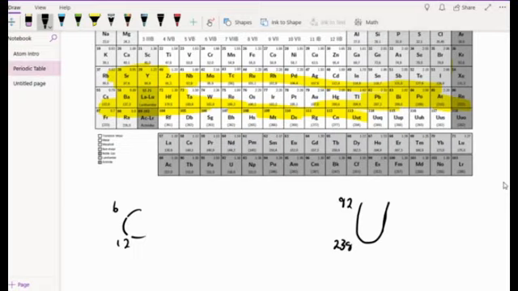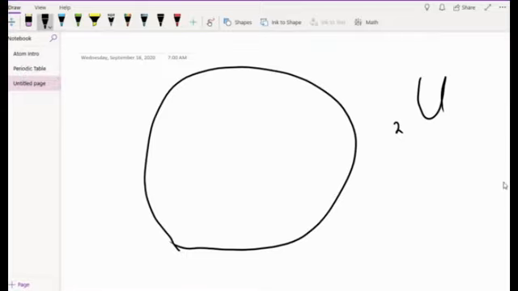238 and 93. That means there are 93 protons, while there are 238 minus 93 neutrons, which is equal to 139. Is it 139? No, it's not. Let me crunch my calculator. 238 minus 93.